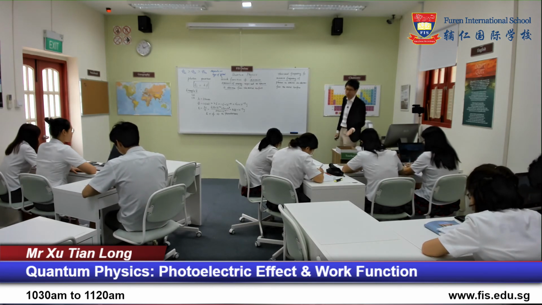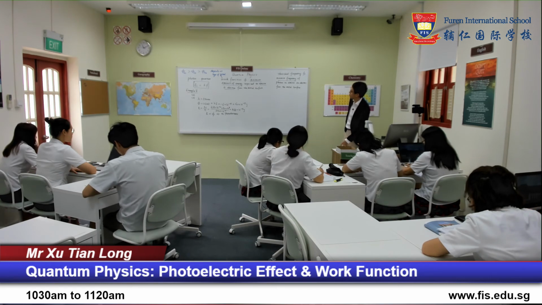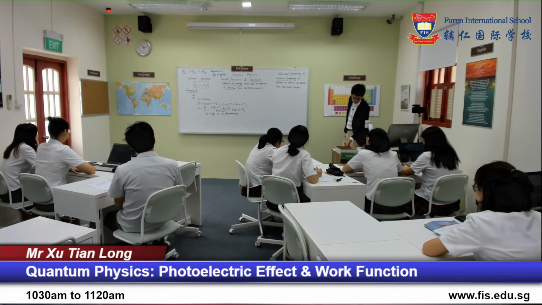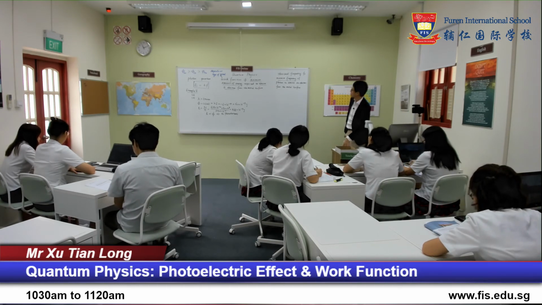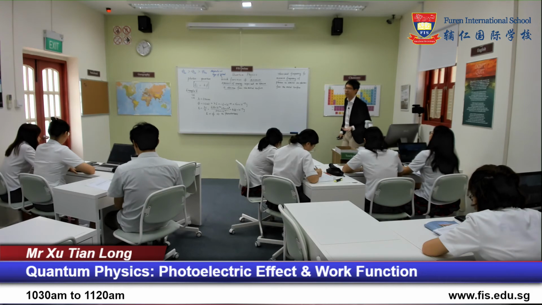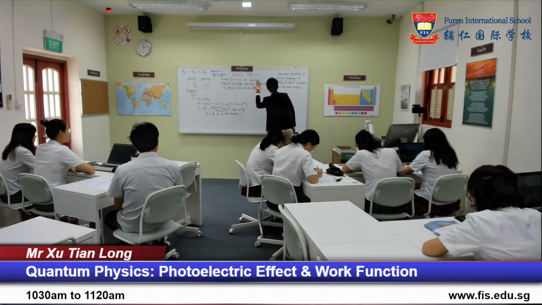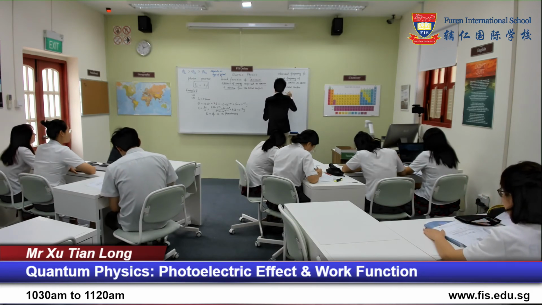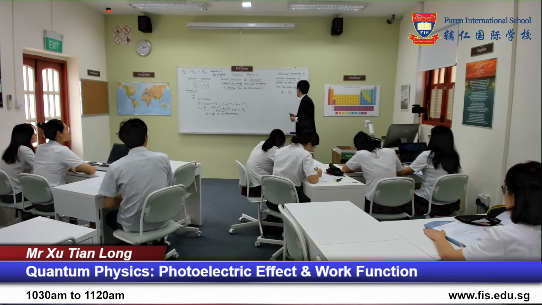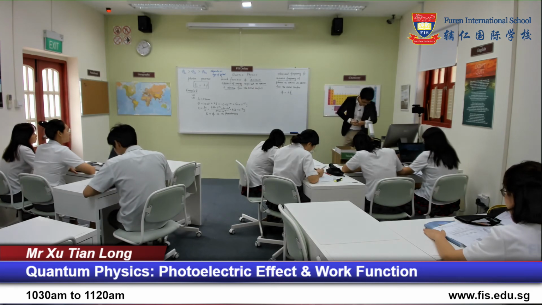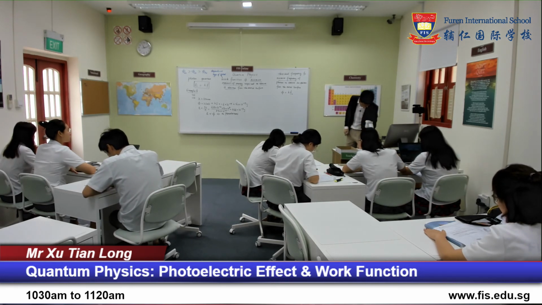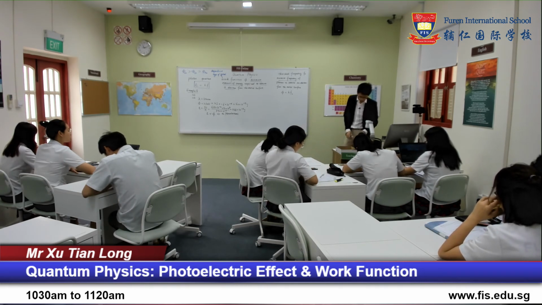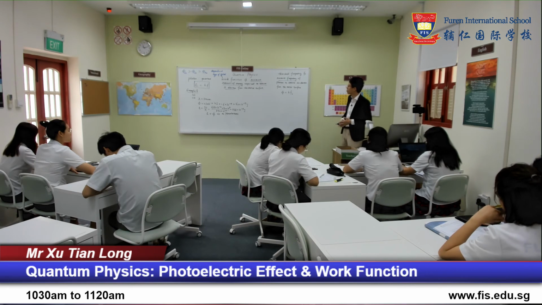So then, can someone tell me what's the relationship between f0 and the work function? Work function equals hf, the minimum energy and minimum frequency, so we can relate them: phi equals hf0. So what can we conclude from this?